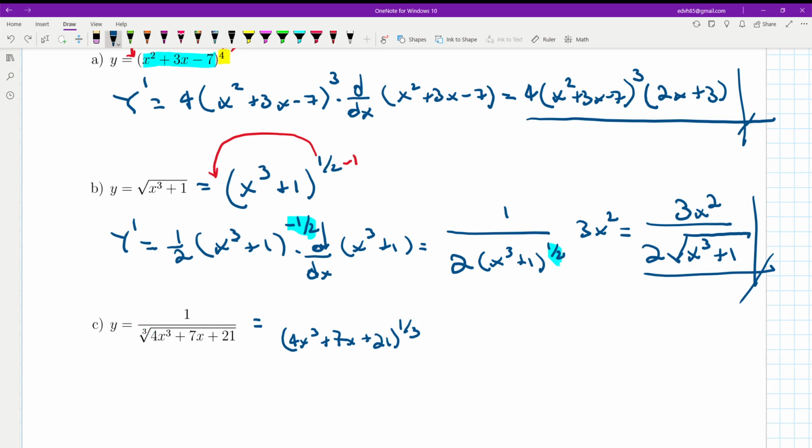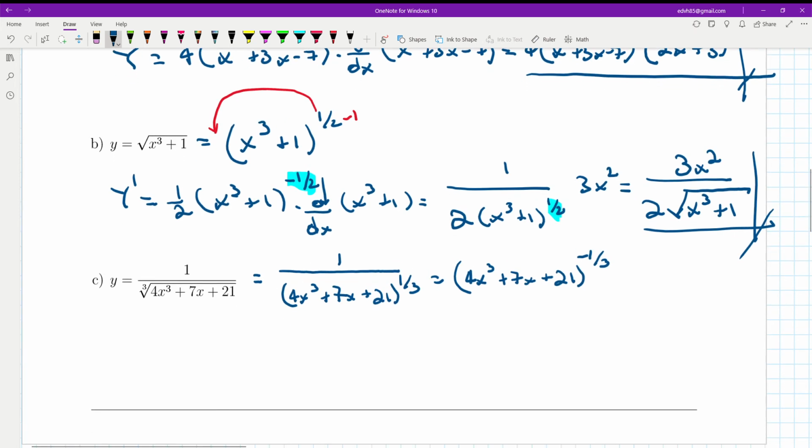Also keep in mind that this whole thing is raised to an invisible 1 power, the whole thing under 1. Then I'm going to move this expression to the numerator as 4x cubed plus 7x plus 21 to the negative 1/3 power. Now we are ready to use the chain rule on this function.